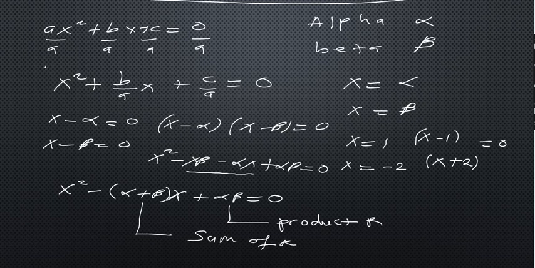So that is one thing that you need to know. Now what I'm going to do here is this. If we compare the equation that we have, which is this one, to this one, we can come up with the formula for the sum of roots and product of roots.